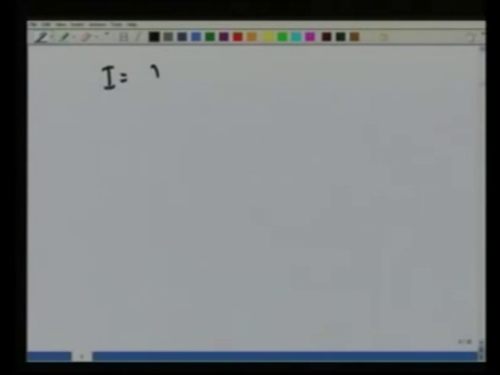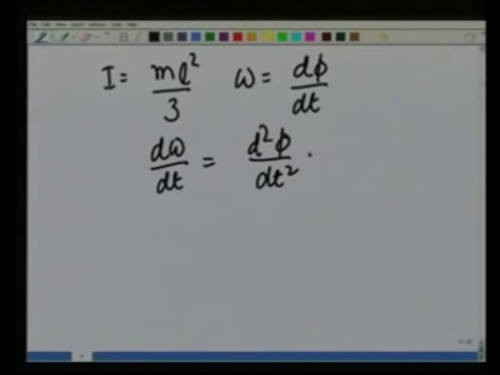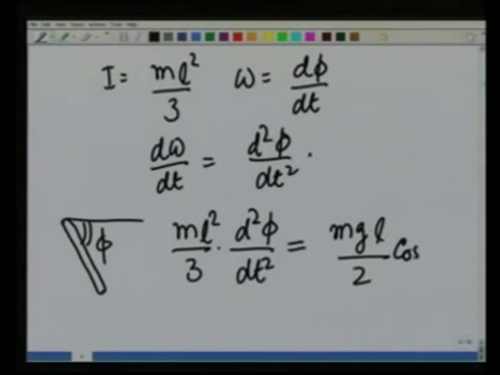As I already have mentioned, I is m L square over 3, omega is d phi over dt, and therefore, d omega over dt is d2 phi over dt square, and therefore the equation when the rod is at an angle phi from the horizontal is going to be m L square over 3 d2 phi over dt square, which is I alpha or I times the angular acceleration, is equal to m g L over 2 cosine of phi.